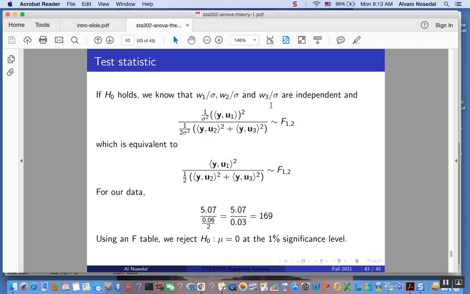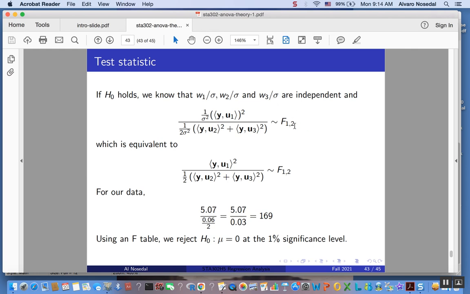Now, let me show you something here. W1, W2, and W3 are going to be independent. Why? Using the orthogonality theorem, we know that W1, W2, and W3 are independent. And if they are independent, functions of these are going to be independent as well: W1 over sigma, W2 over sigma, W3 over sigma, and if you square them, those functions are going to be independent as well.